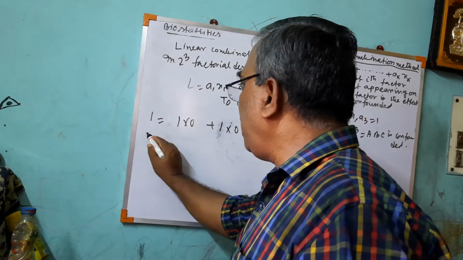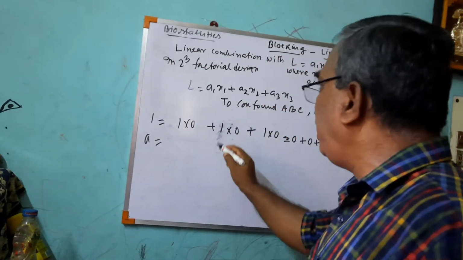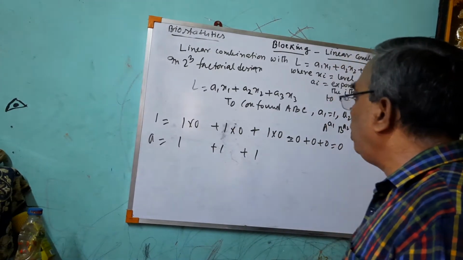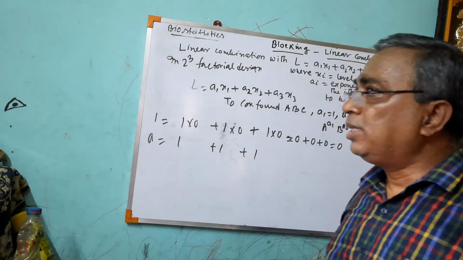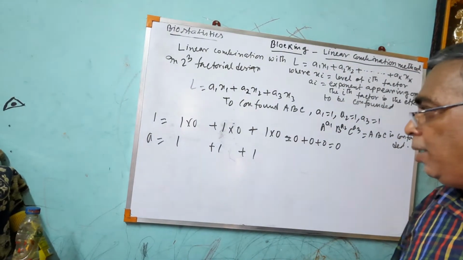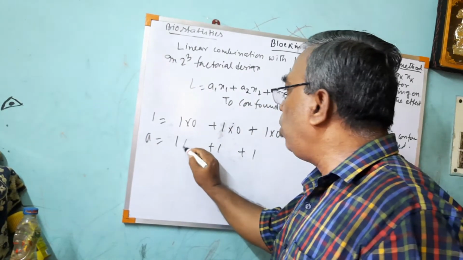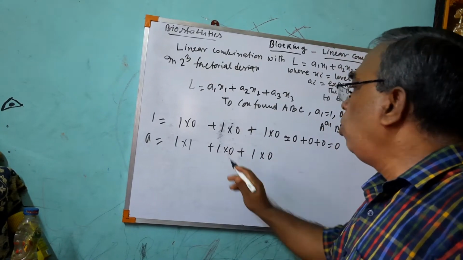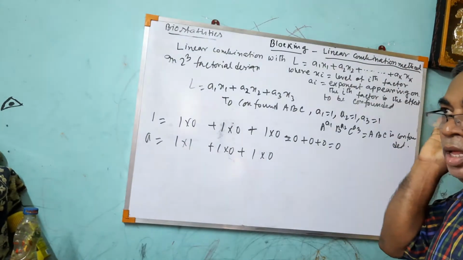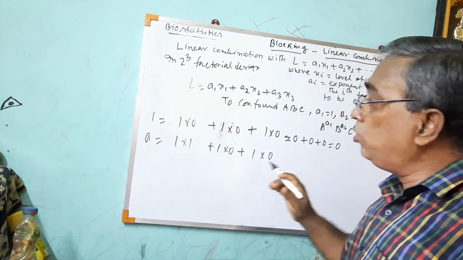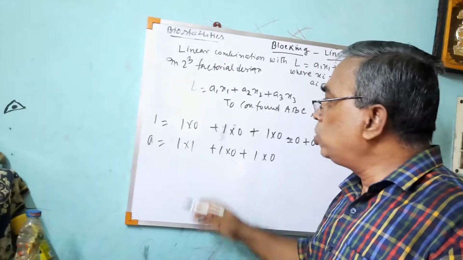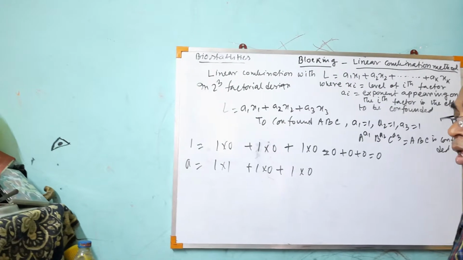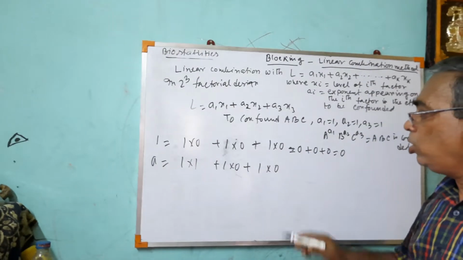Similarly for A, again A1, A2, A3 are all 1. For A, capital A is at higher level, so x1 value is 1, x2 value is 0 because B is at lower level, and x3 is 0 because C is at lower level.